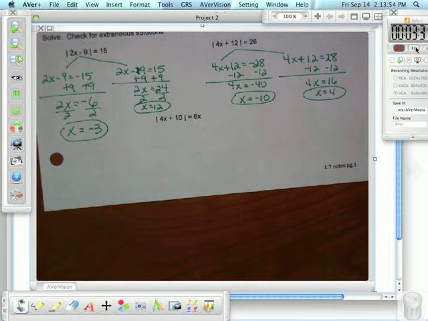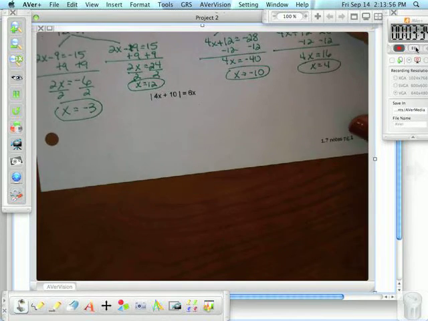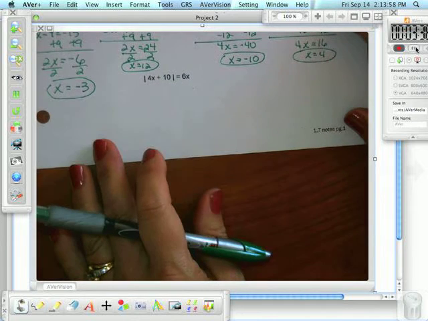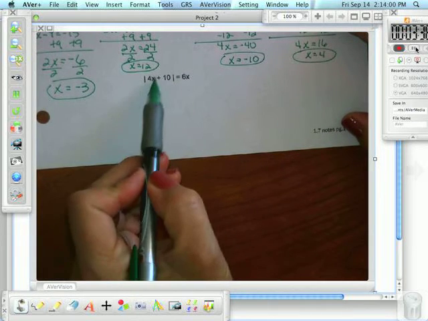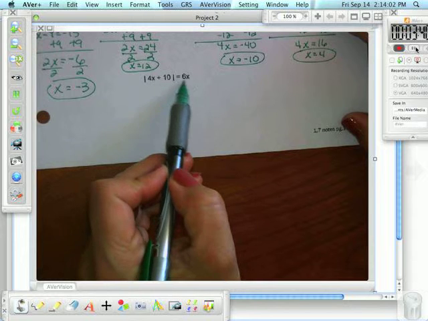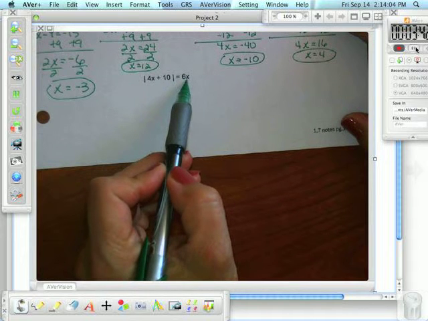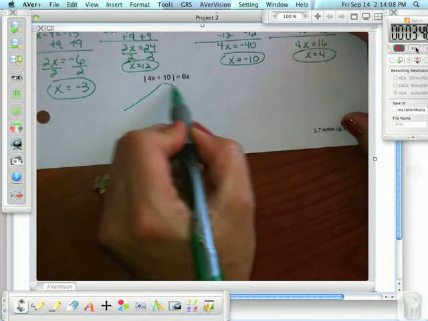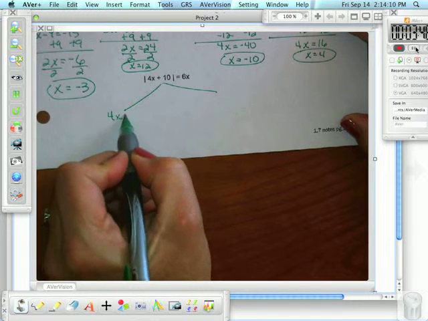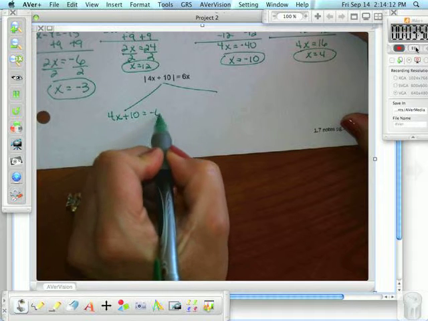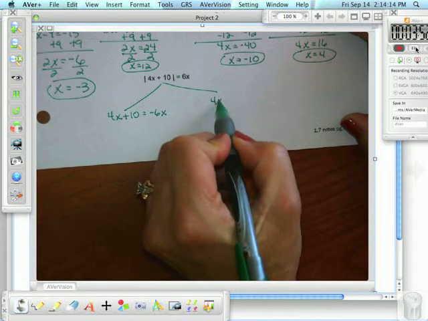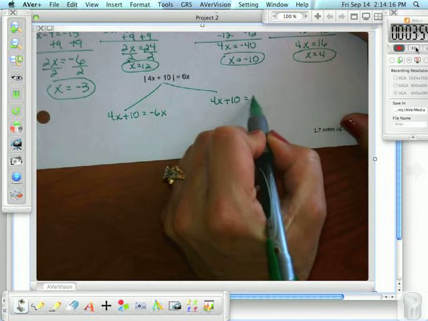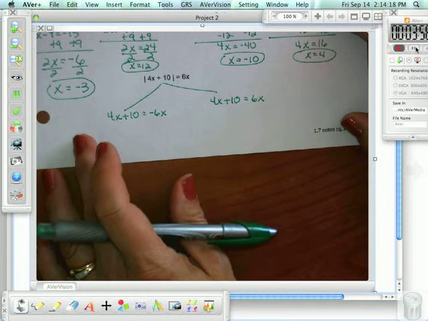Okay, let's look at this next one here. I got the absolute value of 4x plus 10 is equal to 6x. This is okay, it's just some number. I still take what's inside here, and I set it equal to negative 6x and positive 6x. And I got to solve it.